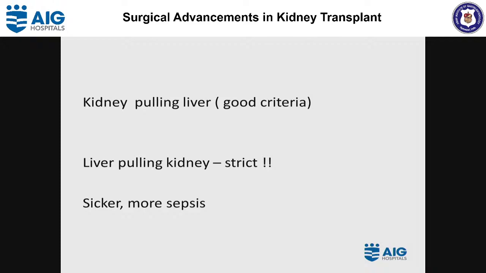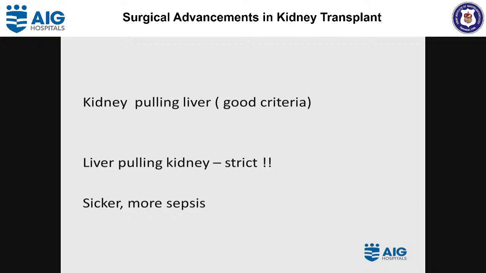So if you look at whatever I have said over the last 5 minutes, the kidney-pulling-liver criteria are good. You can easily stage them for transplant. But for liver-pulling-kidney, the criteria available right now are very strict. It's very difficult to actually push them towards SLKT.